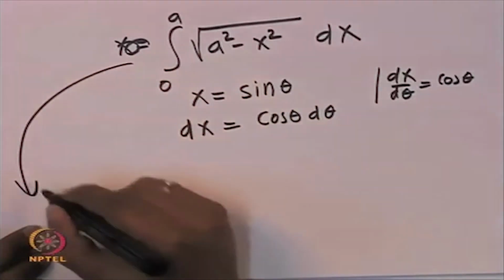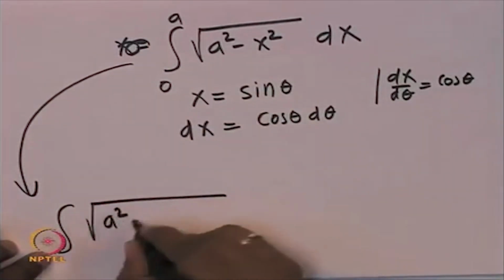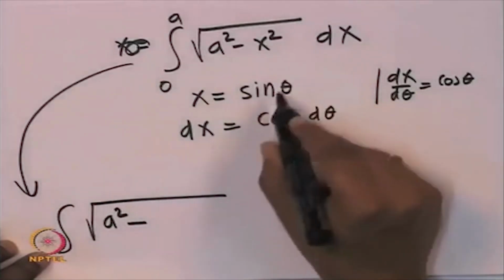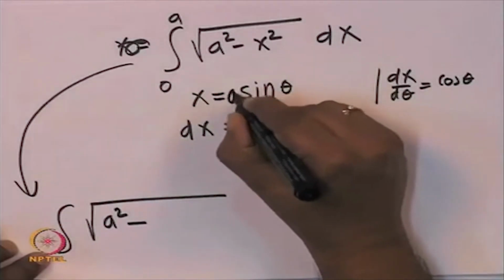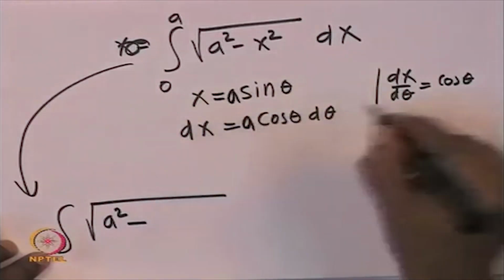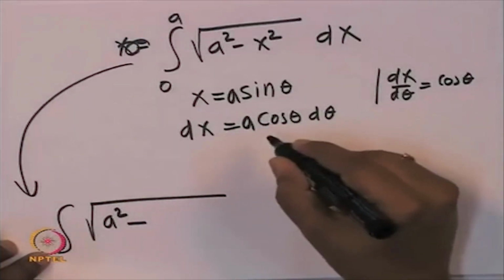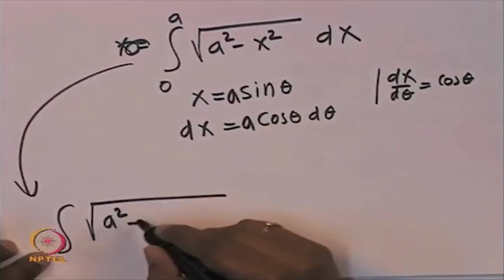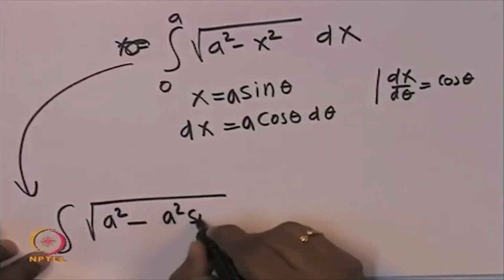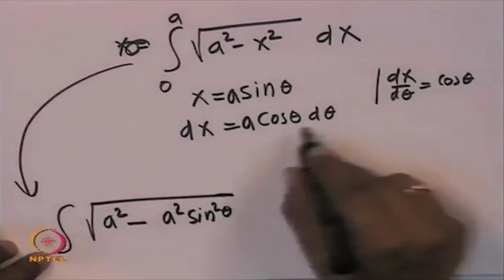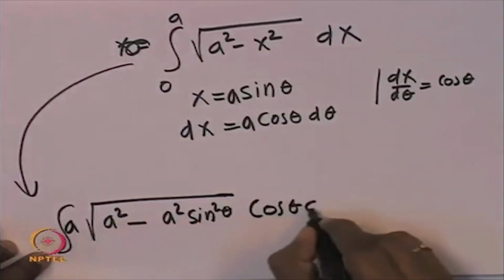It is more sensible to substitute x is equal to a sin theta, so dx is a cos theta d theta. Then you have a square sin square theta under the root, and dx is a cos theta d theta.